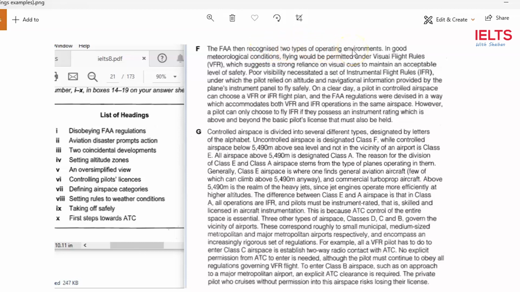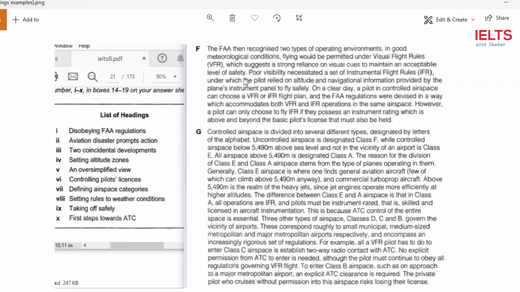That's sentence 1. In good meteorological conditions, flying would be permitted under visual flight rules, which suggests a strong reliance on visual cues to maintain an acceptable level of safety. So he talks about meteorological conditions and visual cues to maintain an acceptable level of safety.